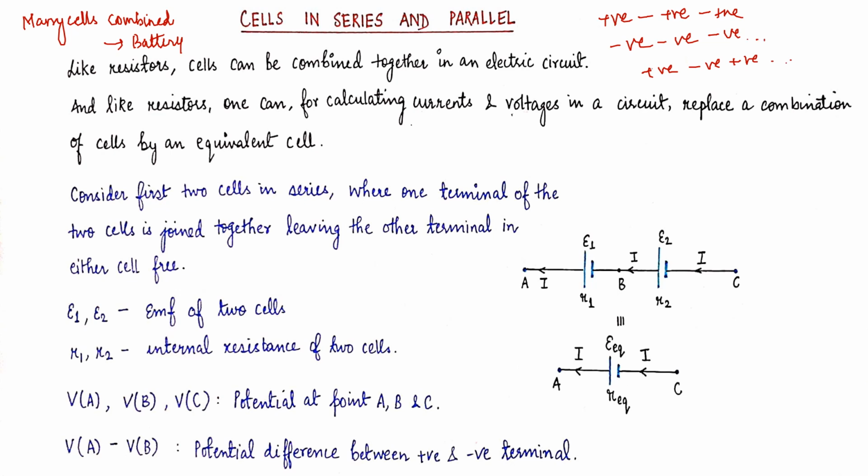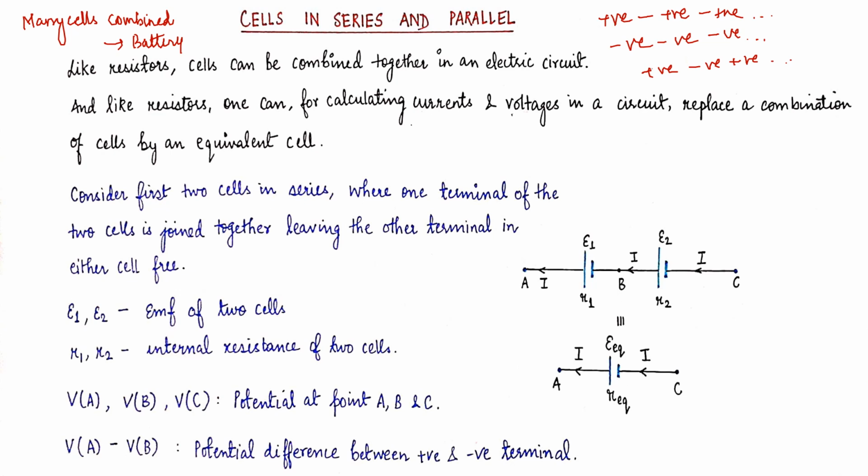When these sort of orientations are there while combining, their total EMF changes. In some cases, the overall EMF sums up to give a more powerful voltage, and in other cases, this EMF decreases to give lesser voltages.